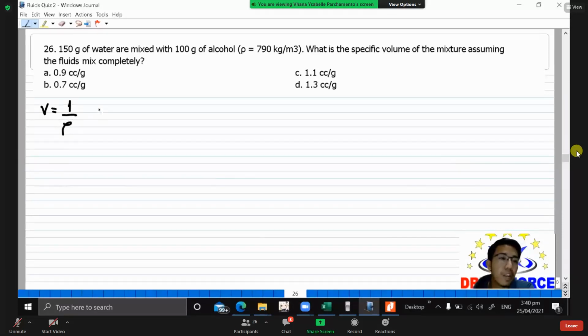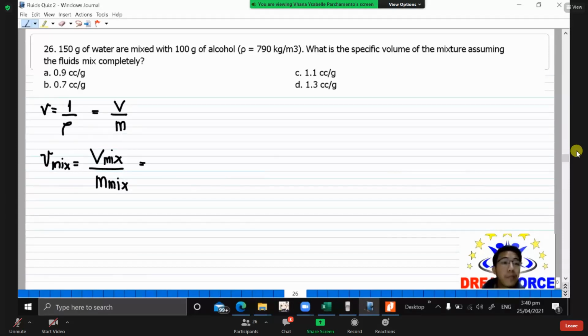Okay, yung density na dito na given is yung density ng mixture. Ano bang density natin? Di ba mass over volume? So meron kang volume over mass dito sa ating specific volume. Itong specific volume na to is yung specific volume ng mixture.